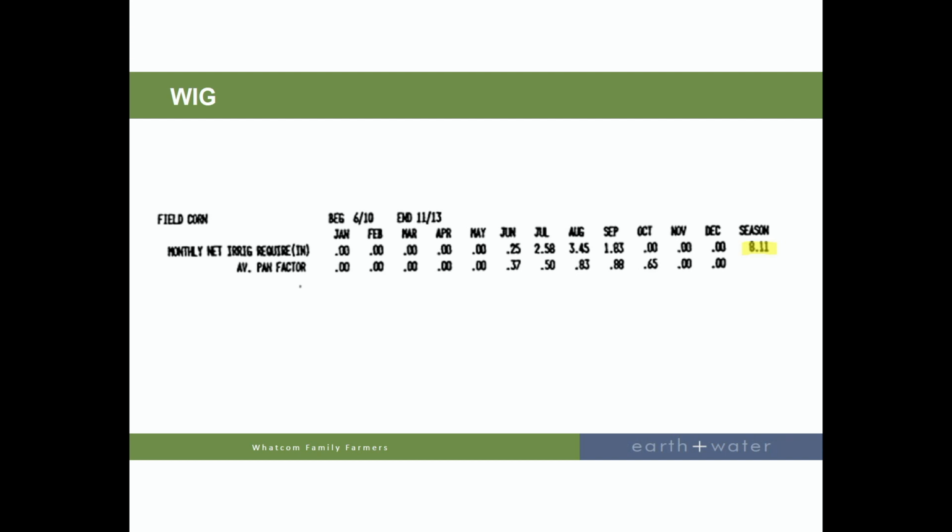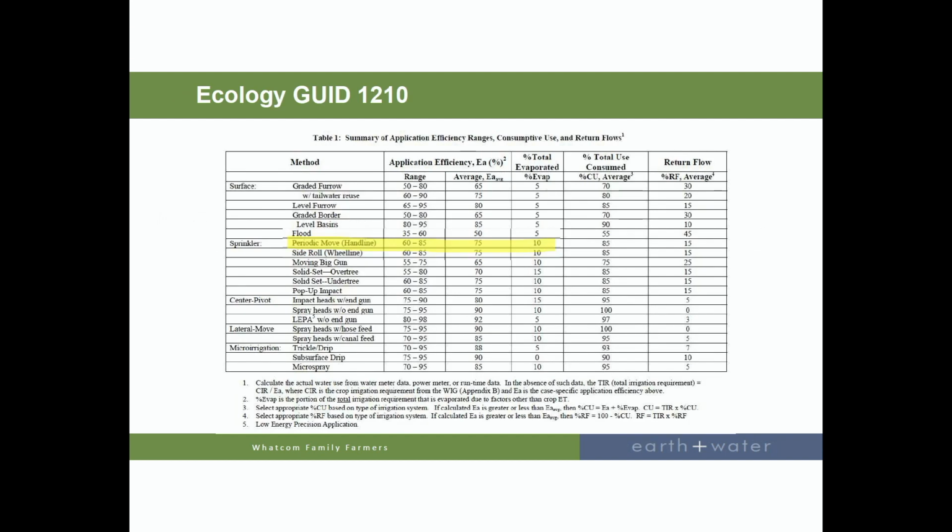This is saying that over the course of an irrigation season you need to apply 8.11 inches of water if you're growing corn. From that, you want to back calculate using this guidance document. This is kind of how are you irrigating it, right?